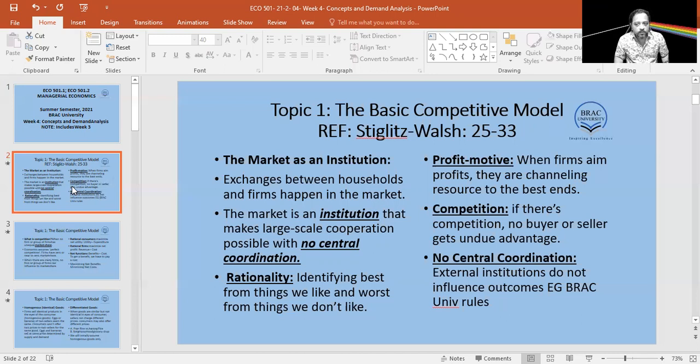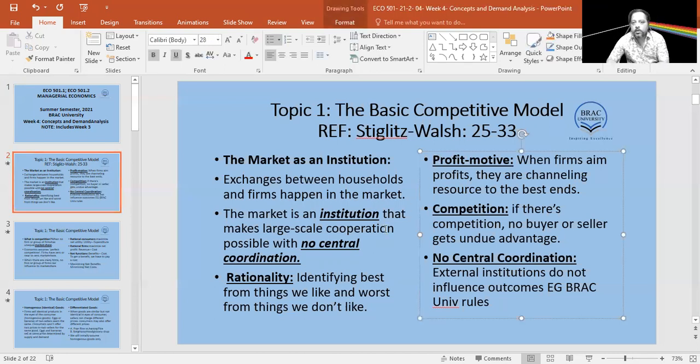and costs for firms. Profit motive is just a simple notion that we expect firms to channel their resources to where profits can be made. If the firms do so, then they're going to channel the resources to the best ends.